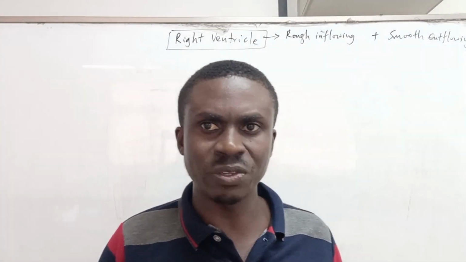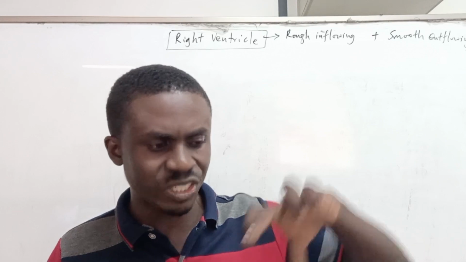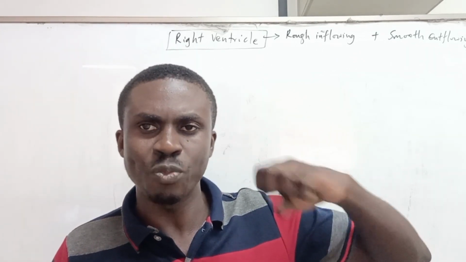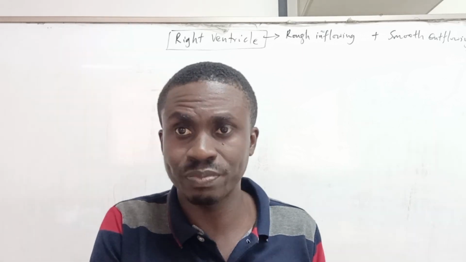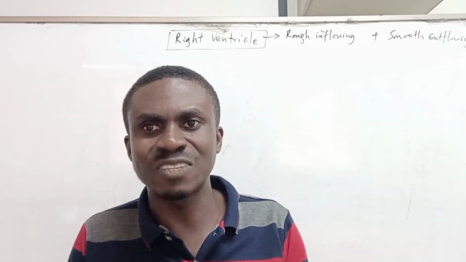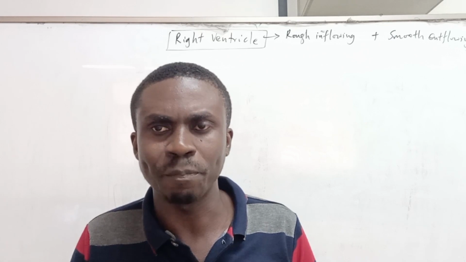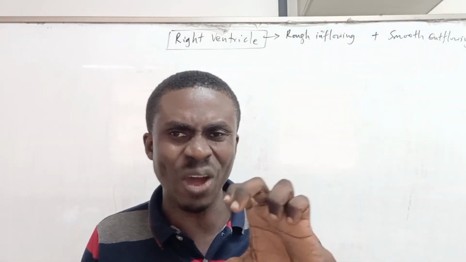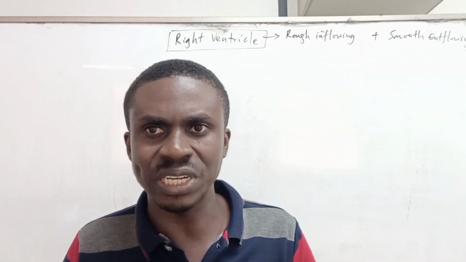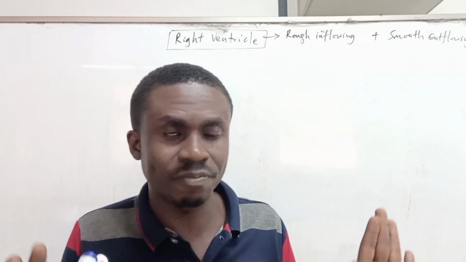We appreciate that the smooth outflowing component, whether it's the left or the right, will be coming from the conus. Conus is actually the middle 1/3 of what we call the bulbus cordis. Conus will be smooth.